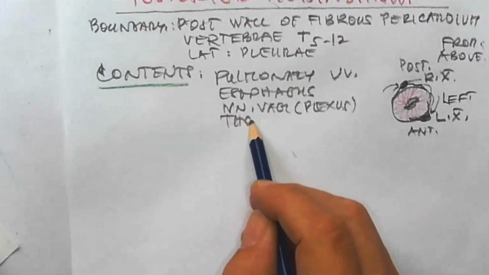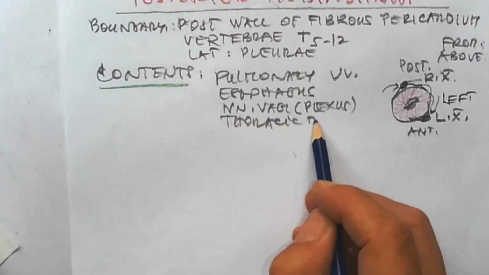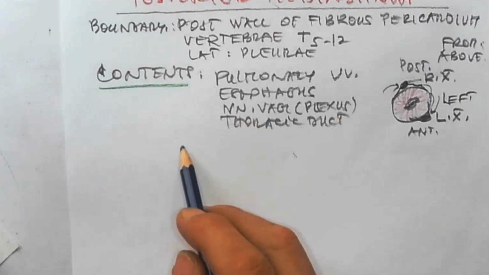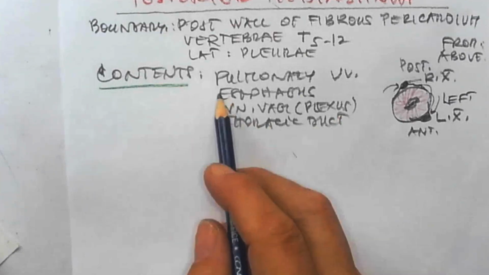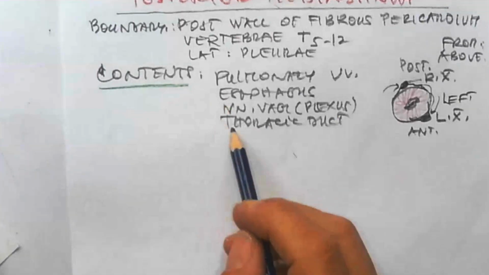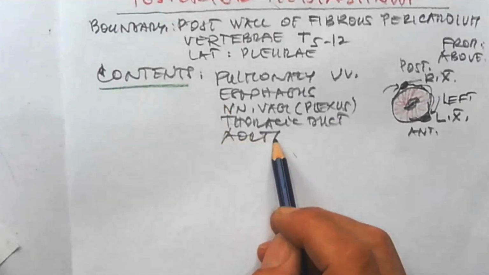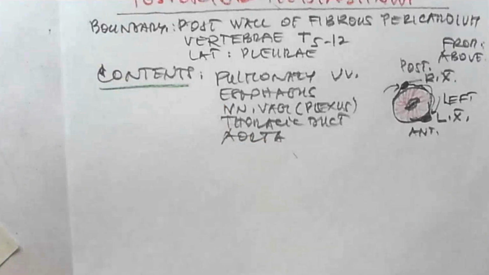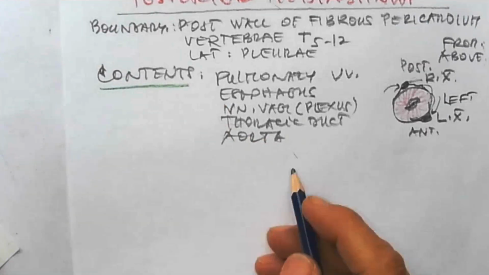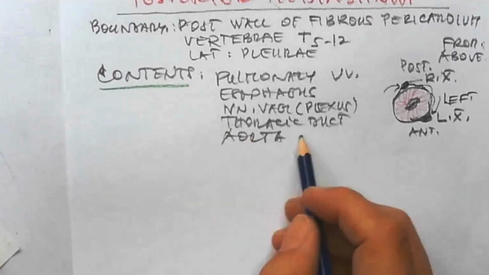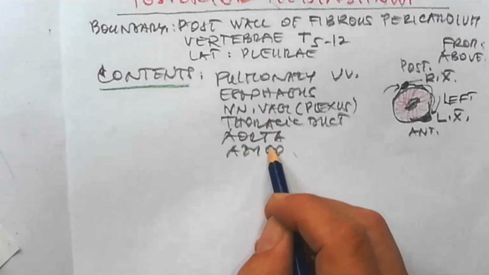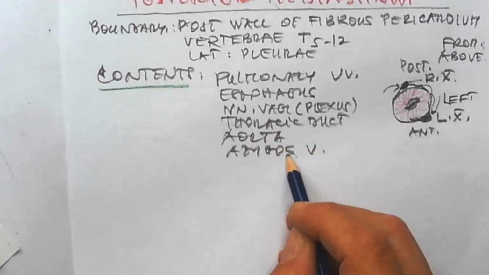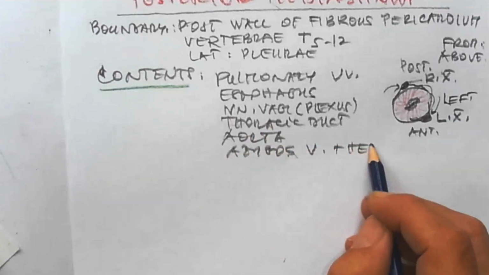Then the thoracic duct lies in the area. Then of course the descending aorta, which is the most dorsal. Then the thoracic duct, aorta, azygos vein, azygos plus hemiazygos, of course.